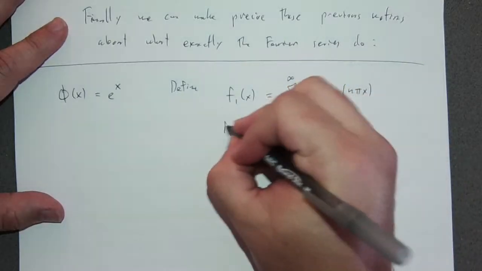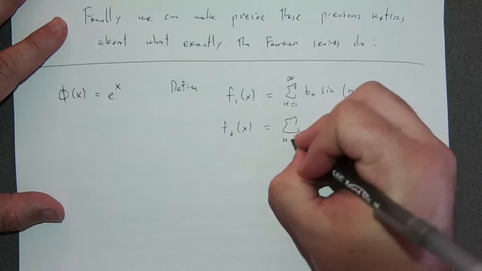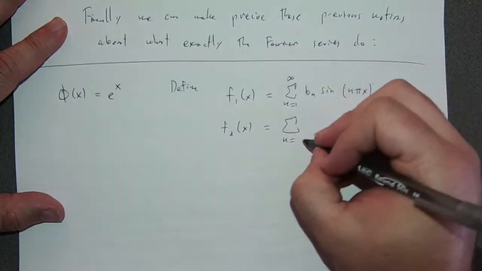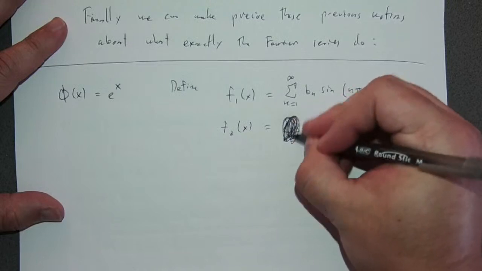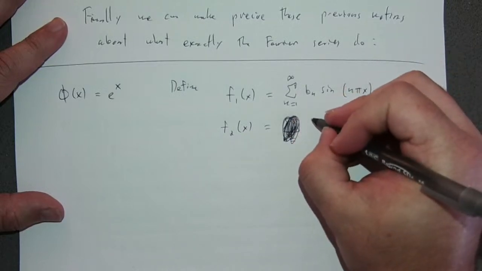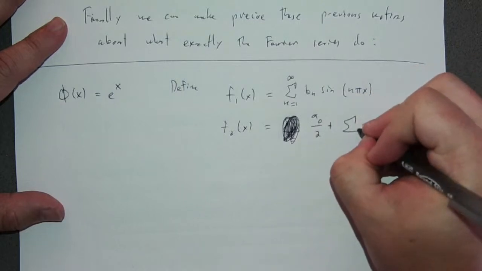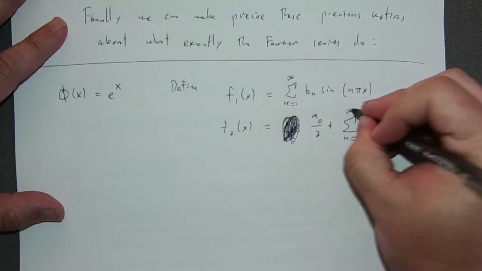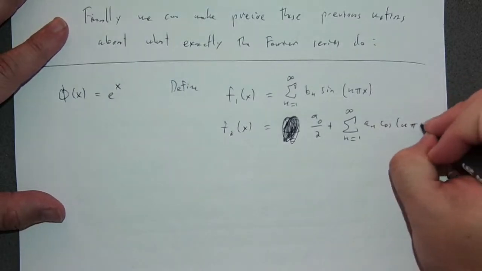We'll let f sub 2 be, since I want this to exactly match up, a naught over 2 plus the sum from n equals 1 to infinity of a sub n cosine of n pi x.